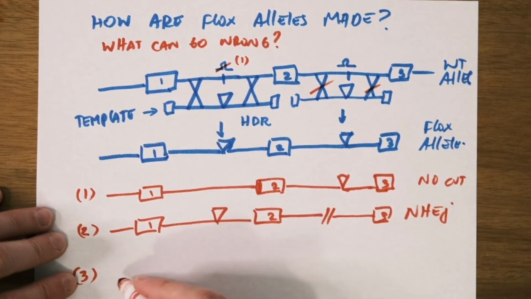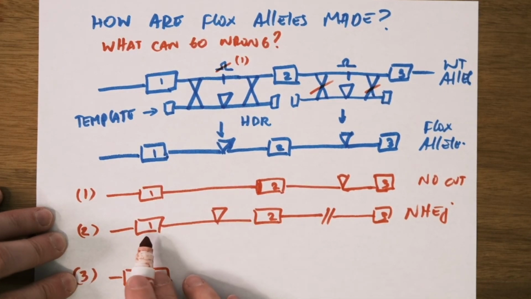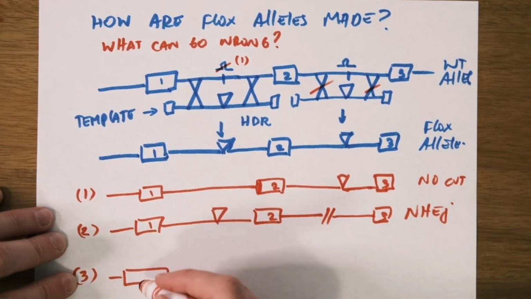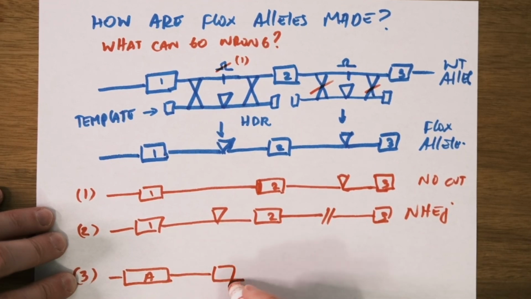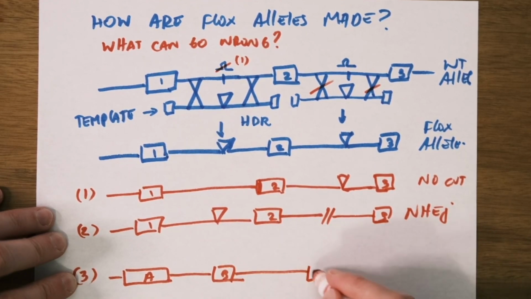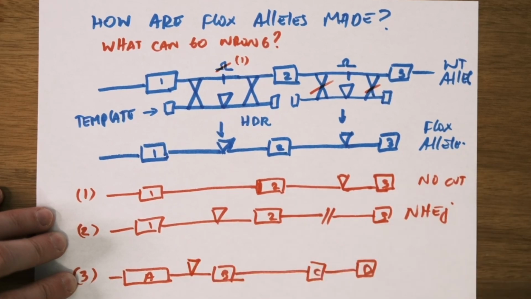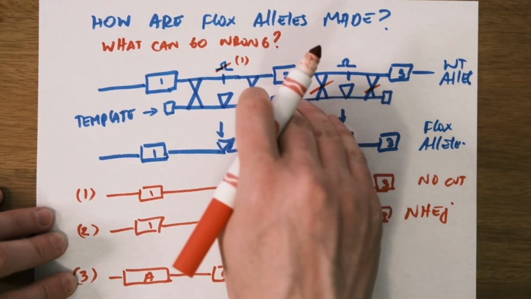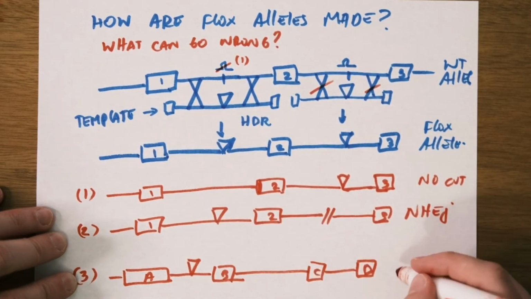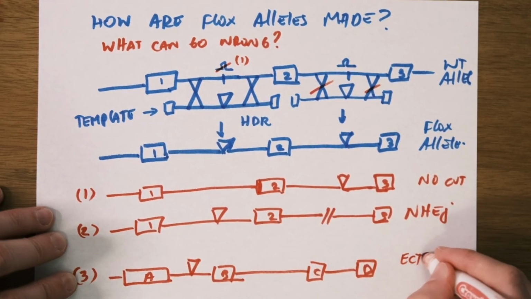So in that case, instead of this template being inserted in gene that has exons 1, 2, 3, this is inserted in another gene with exon A, and then you have exon B, and then you have exon C and D, and you have a LoxP site somewhere here, completely different locus to the one that we are looking at. So this, we will call ectopic insertion.